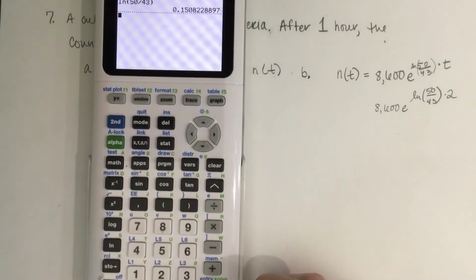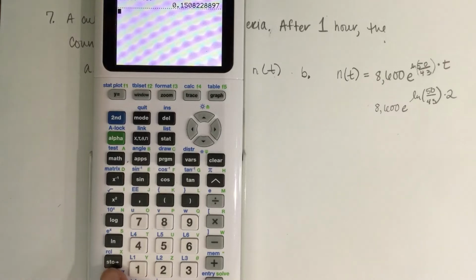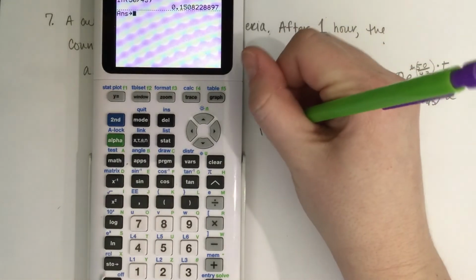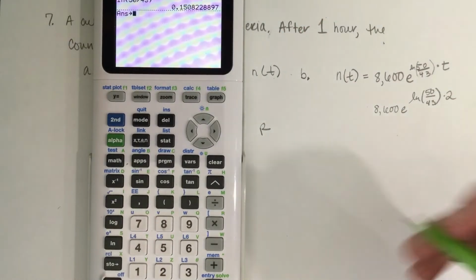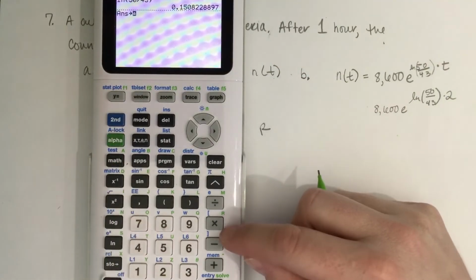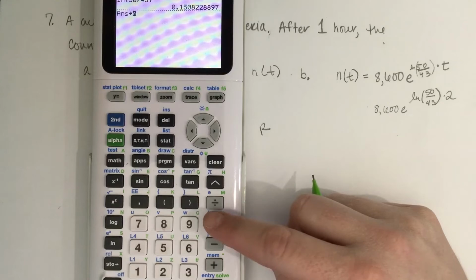Then you will see right underneath your ln, there's this button that says STO with an arrow. What that does is allow you to store this. I'm going to store it as R because it's my rate. So I'm going to do alpha and then my multiplication symbol.